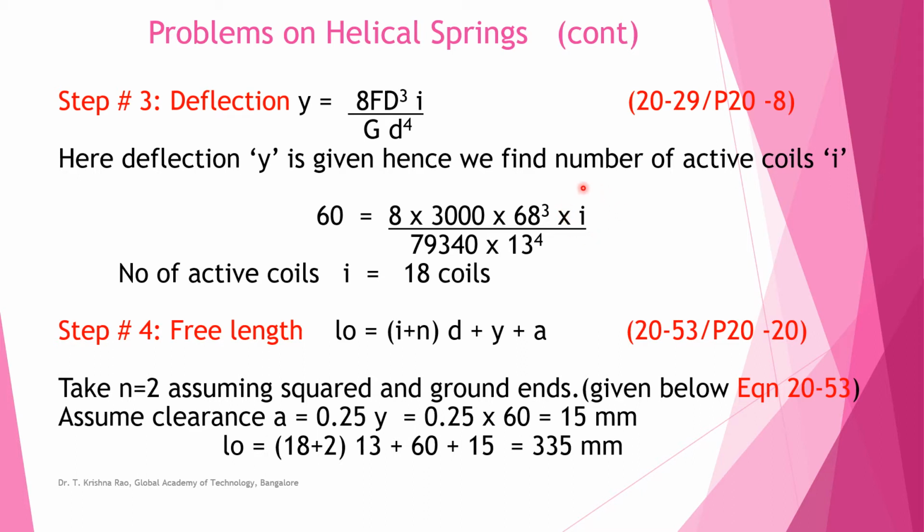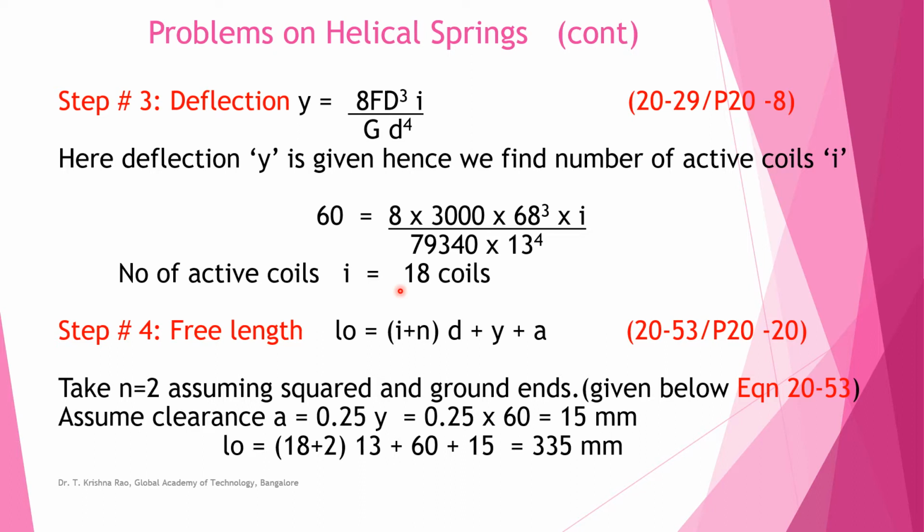Or if I am using some number of coils, like say 10 coils, what deflection do I get? The equation remains same. And we find out the unknown. If y is given, we use y and find out i. If i is given, we find y from this equation. y is given as 60, so 8 F D cube i by G d power 4. I am going to get 18 coils are required to give the deflection of 60 mm.